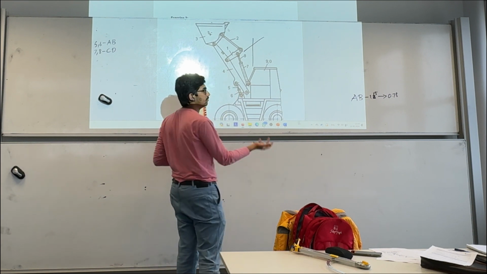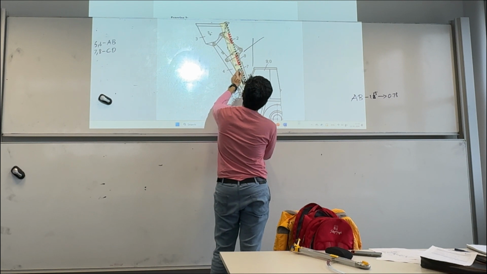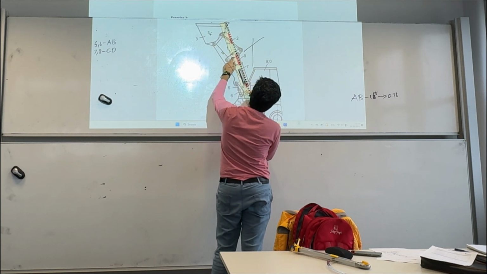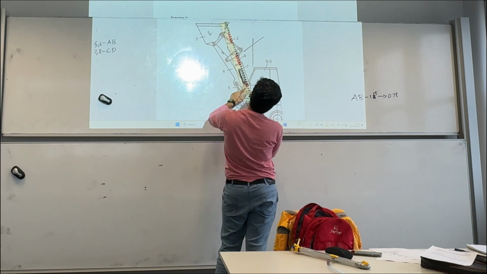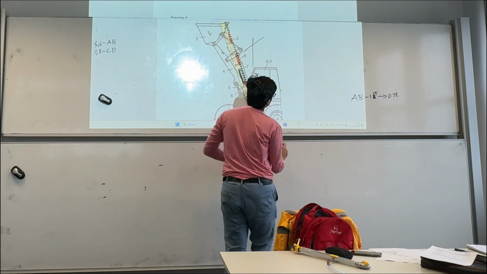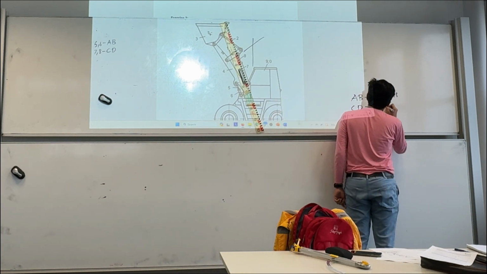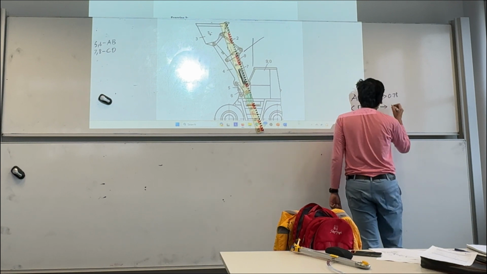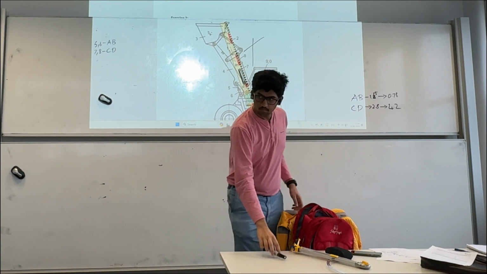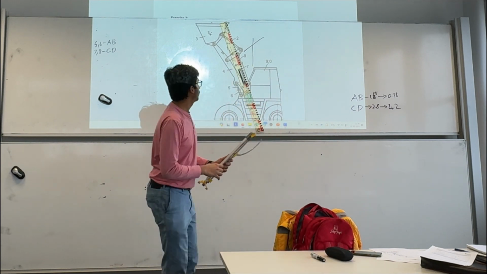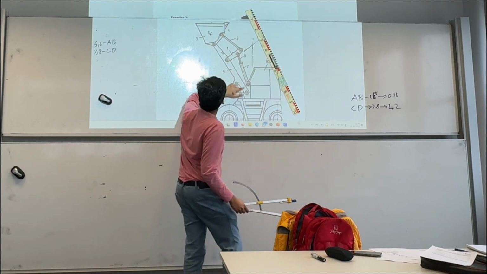So I would start with the main beam. It's better to start with the first beam.